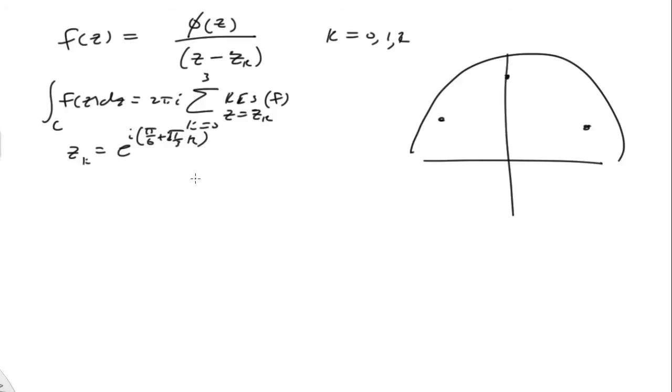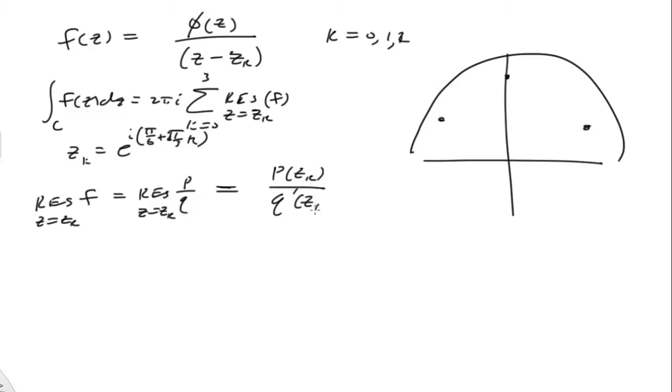All right, so the problem with this is it's a little hard to find the values of phi, but we had this really nice result where the residue of f, if f is of the form p over q at zk, I can evaluate it to be simply p at zk all over q prime at zk. So this actually is a much more useful formula.